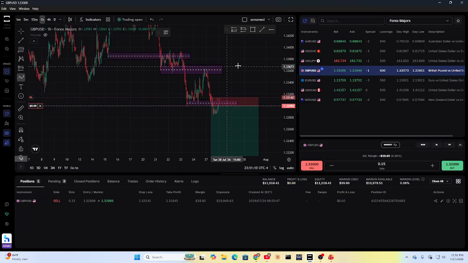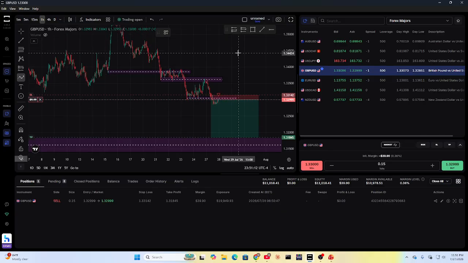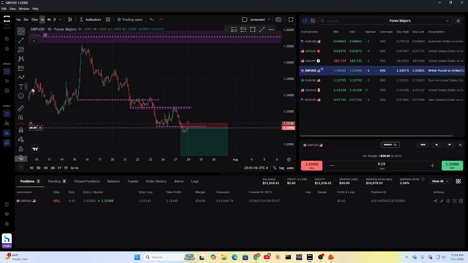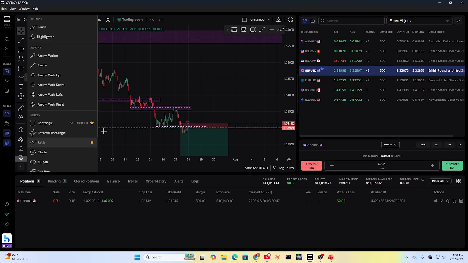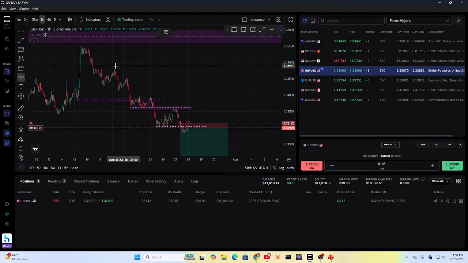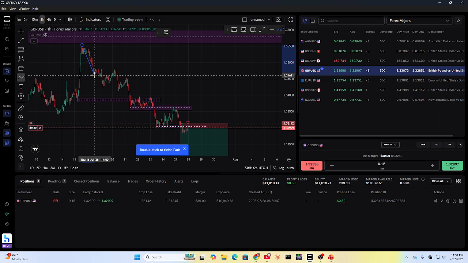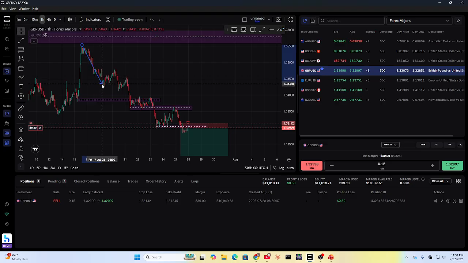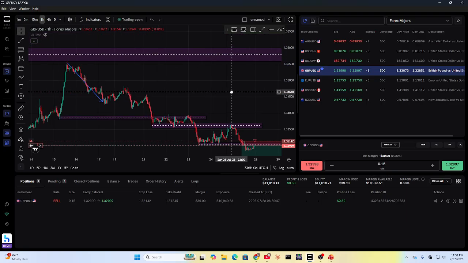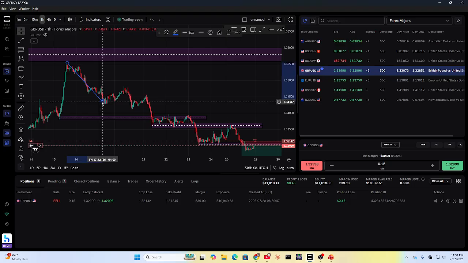So let's say we can start from here. I put my path tool as my favorite, so I want to keep doing that. So see, price came down. If we zoom in a little more, you can see it.